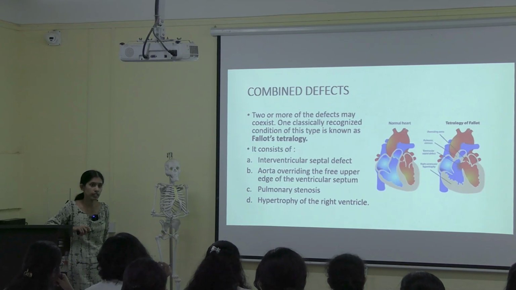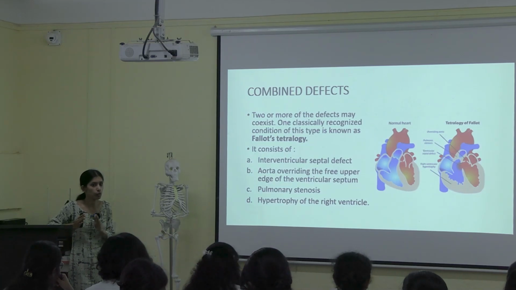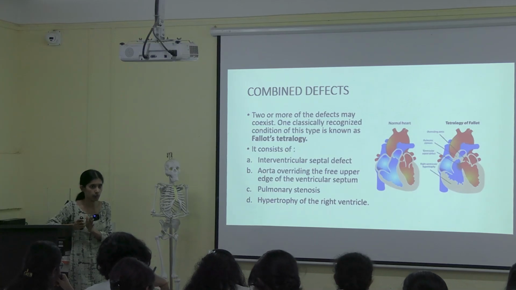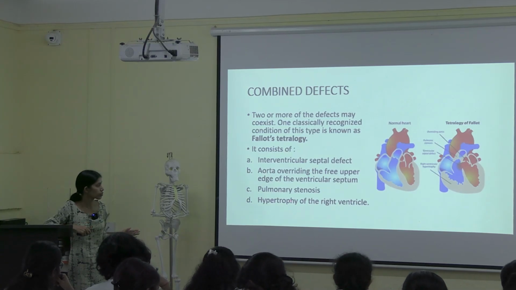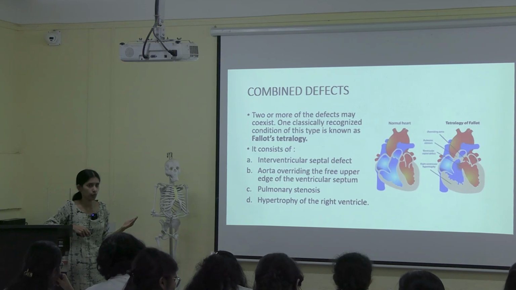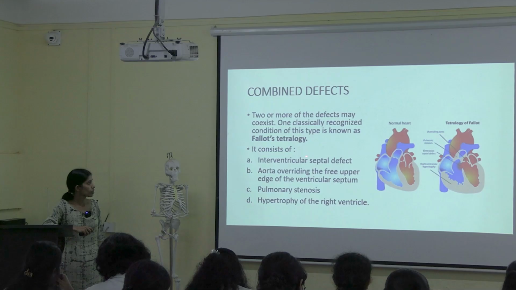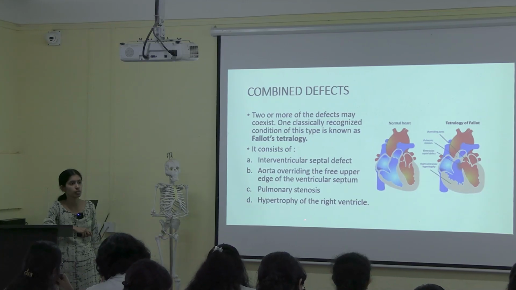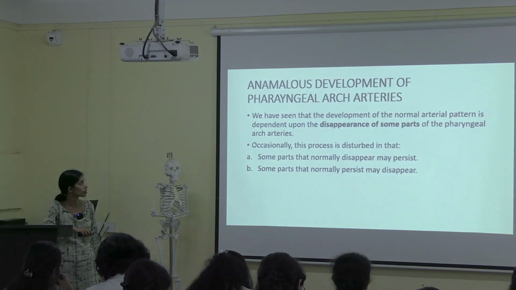Hypertrophy is nothing but increase or abnormal growth. It will grow more than is required. Overgrowth, I can use the word. So here in this condition, your right ventricle is overgrowing. That's it. So these 4 conditions lead to Fallot's tetralogy.